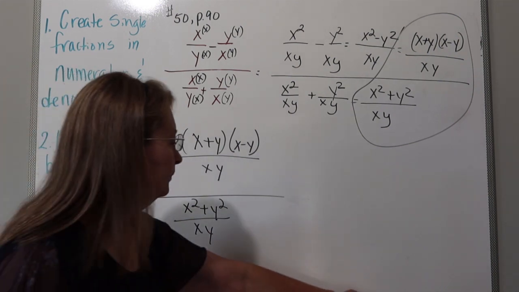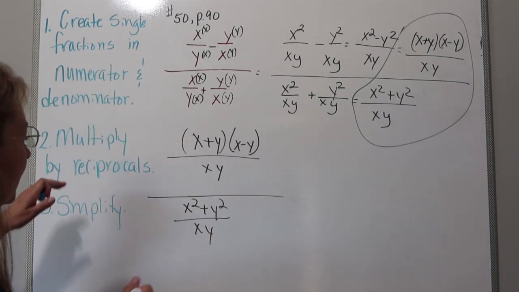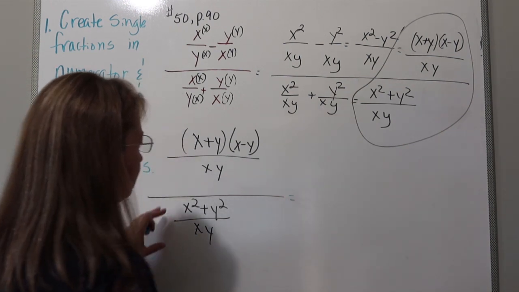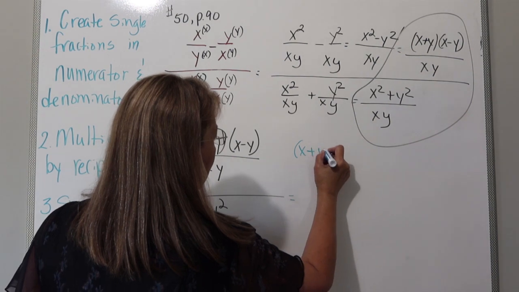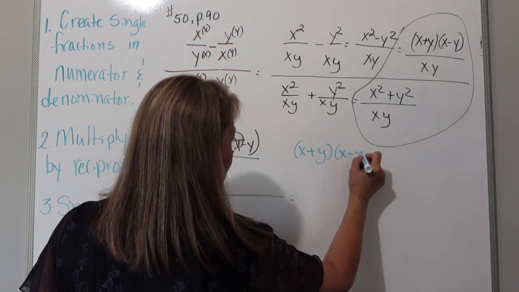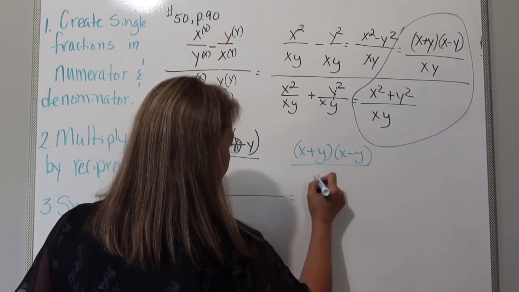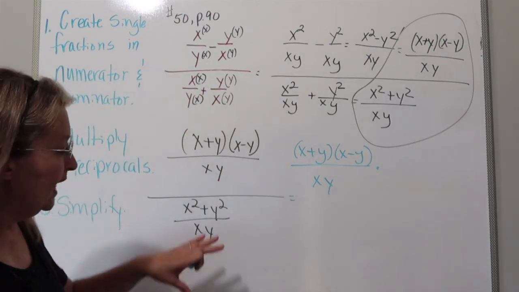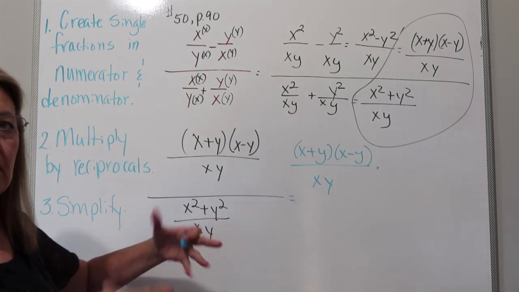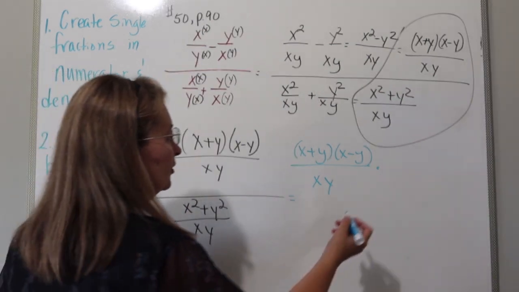Okay. Now, your second step is to multiply by the reciprocal. So my top part is not going to change at all. My sign will change to multiply, and then I'm going to take my denominator and flip it, because that's what a reciprocal is.